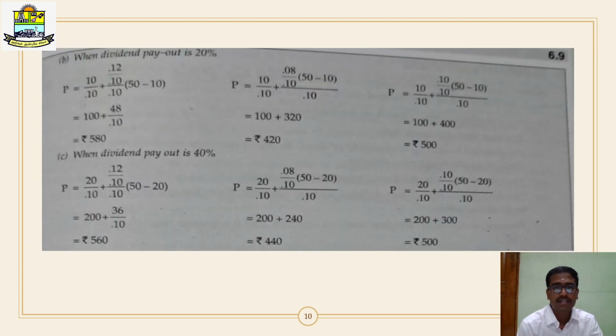So this is an example of when the dividend payout is 20%, and when the dividend payout is 40%.